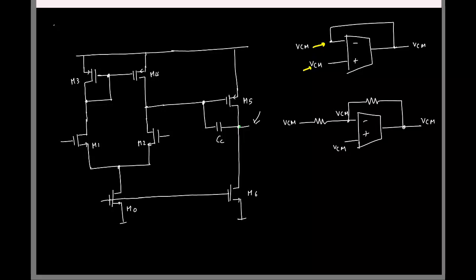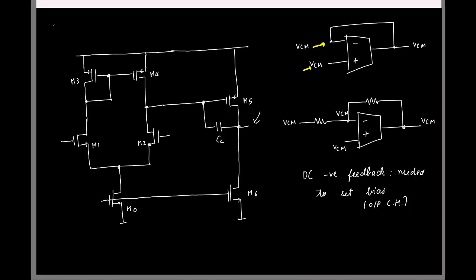Because we are looking at DC biases, we need to have a DC negative feedback to set the bias voltages, okay. And in this case, the bias voltage is the output common mode, okay.